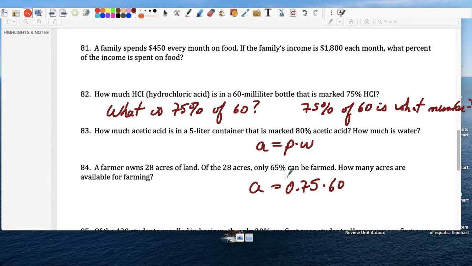This one's pretty straightforward. 0.75 times 60, and we get 45 milliliters of HCl, hydrochloric acid.